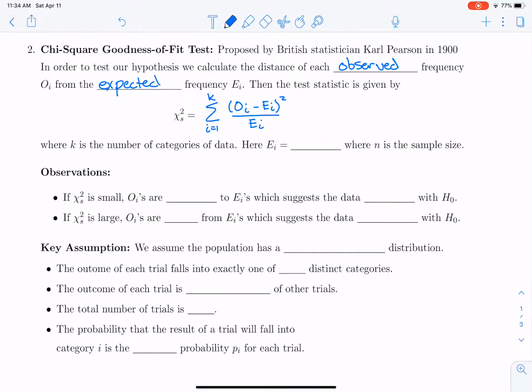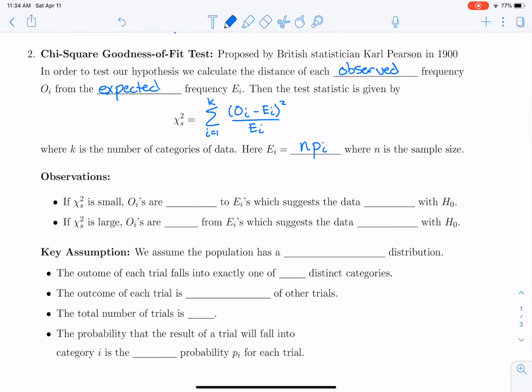Here, k is the number of categories, and the expected frequency is the total number of observations, n, times the probability of category i. So, for example, E for type A blood is going to be 0.41, because that's what we would expect, times 200.